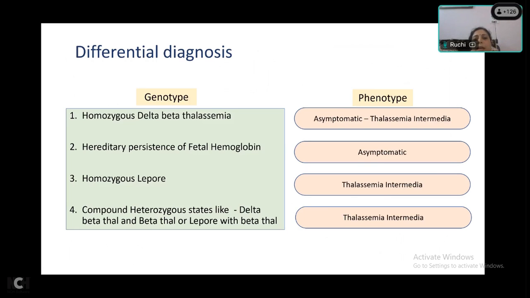For any reason, if someone's HbF is higher, their degree of symptoms and the severity of anemia reduces. Then homozygous Lepore and other compound heterozygous states also present as thalassemia intermedia. So amongst these 1, 2, 3, 4, my likely diagnosis, except for 2, could be any of these 3. Okay, is the audience with me?